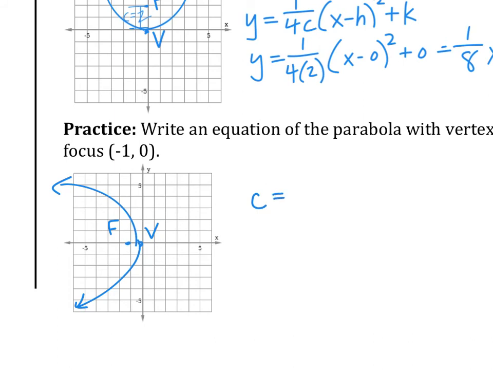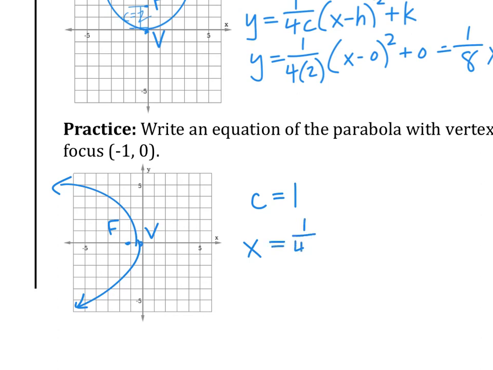Okay, so this is what I do. I always make it positive because I will figure out whether it's positive or negative based on which direction it turns, or else I'm going to get very confused. So I always just make a positive number. This is a left and right parabola, right? So which equation are we going to use? The x equation.